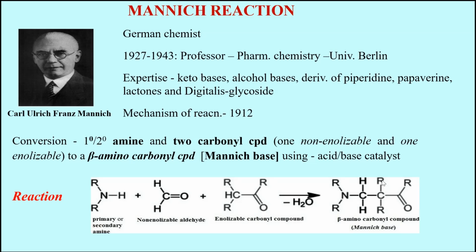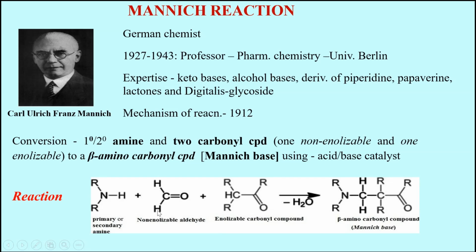Here, we take a primary or a secondary amine, formaldehyde, a non-enolizable aldehyde. Aldehydes or ketones can be present in both carbonyl form or enol form. Enol form is possible when the alpha carbon has hydrogens.